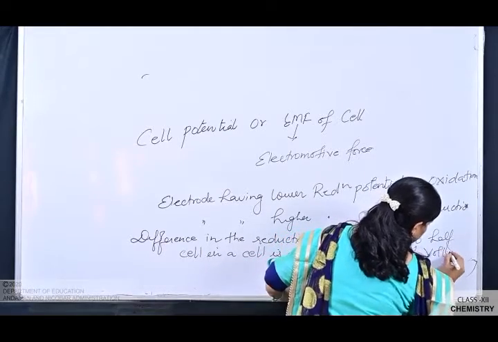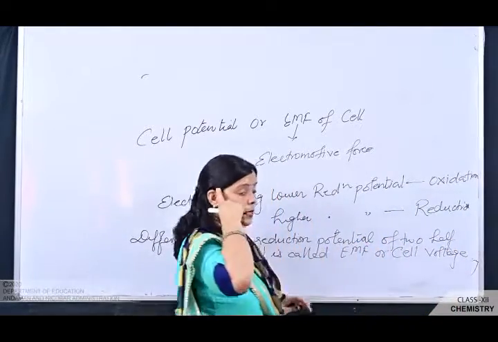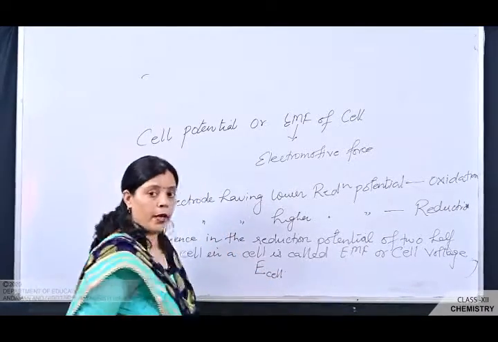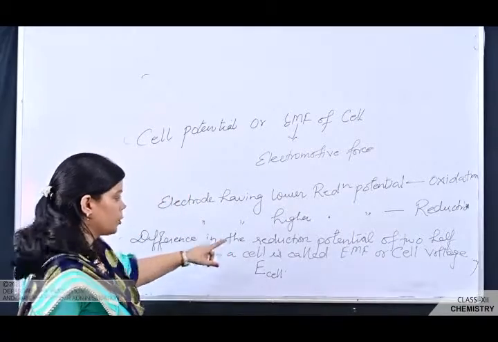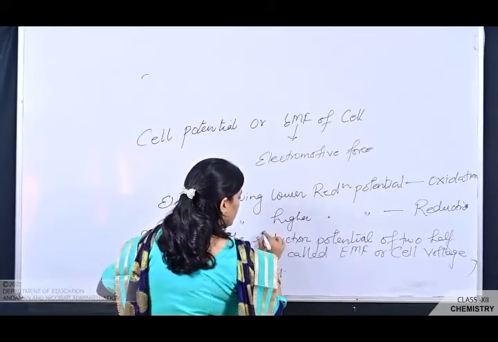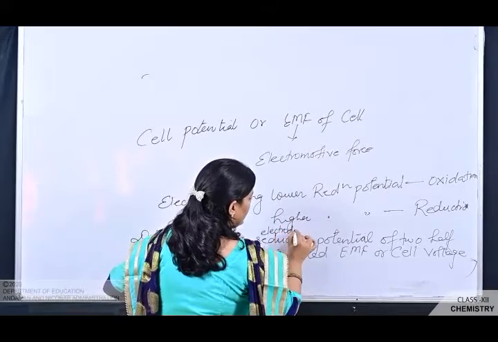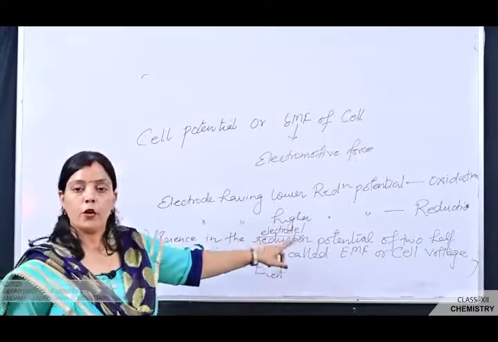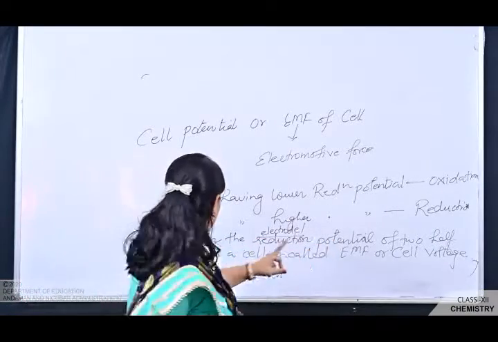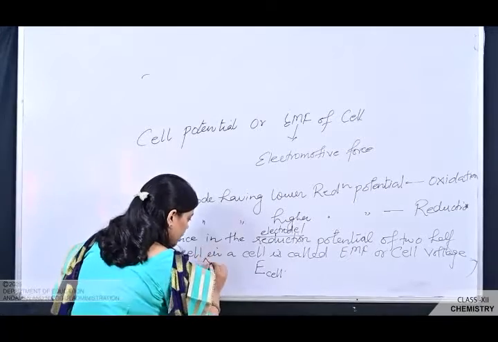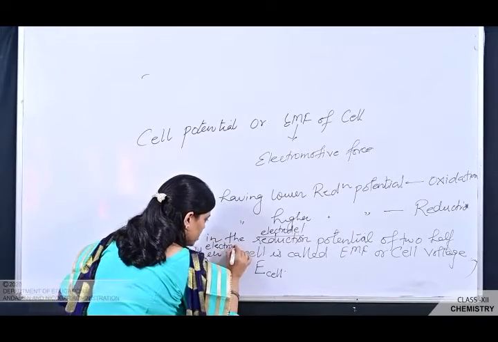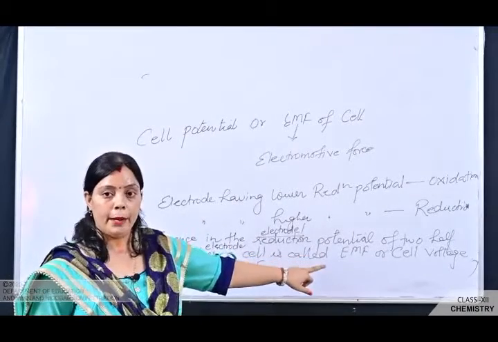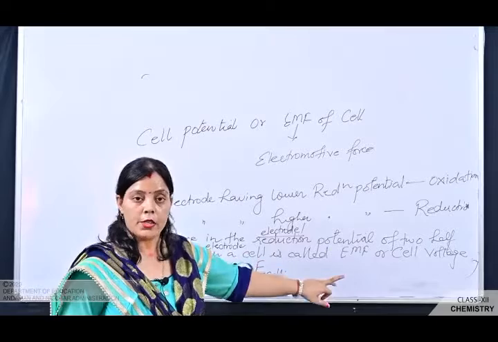It is represented as E cell. The difference in the electrode potential of the two half cell electrodes in a cell is called the EMF or the cell voltage or E cell.